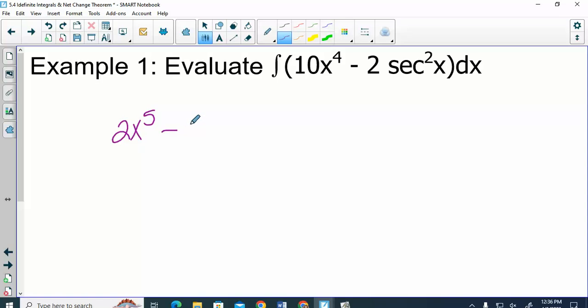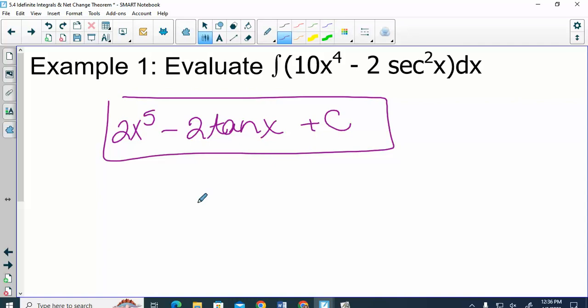What has a derivative of secant squared? Tangent does. So it's just a 2 tangent x. But what else do I need? Plus c. We didn't have to have the plus c if we had numbers to plug in, because we talked about how when you subtract them, those c's cancel. But if I'm not actually plugging in anything, I have to keep that c.